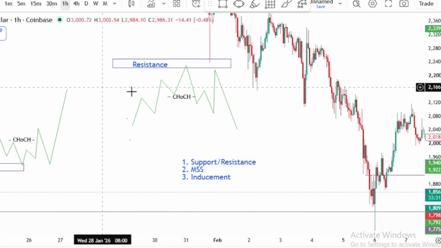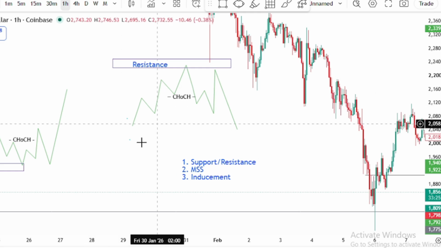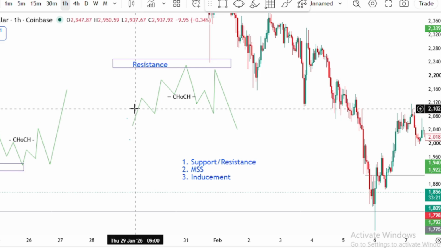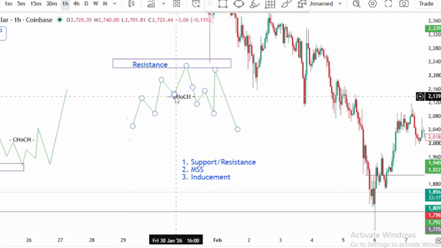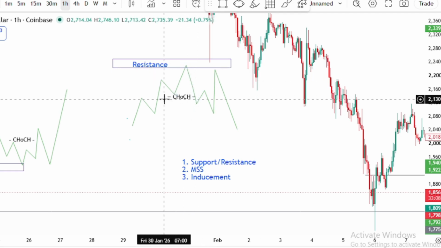In the bearish setup, you should look out for the resistance level. From this diagram, you can see that the market is making a series of higher high, higher low, higher high, higher low, till it got to a resistance level. When it got to this resistance level, it pulled back and took out the higher low.